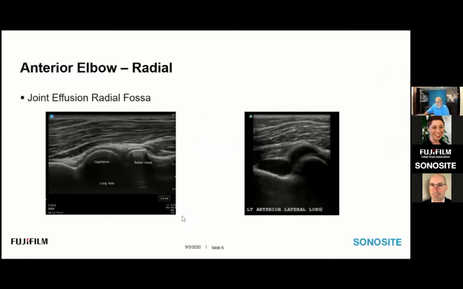In these two images, we see the normal appearance of the anterior radial side of the elbow on the left, while on the right, we can see anechoic effusion distending the joint recess over the capitellum, extending superiorly to the radial fossa.